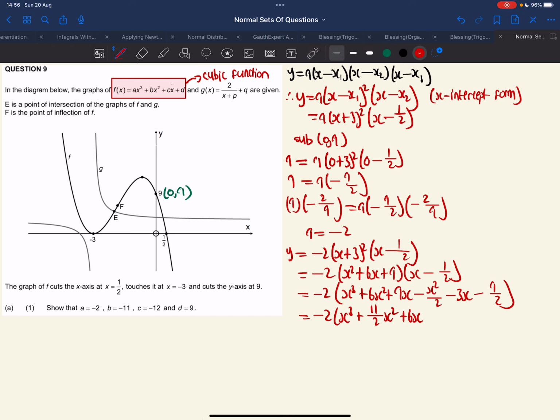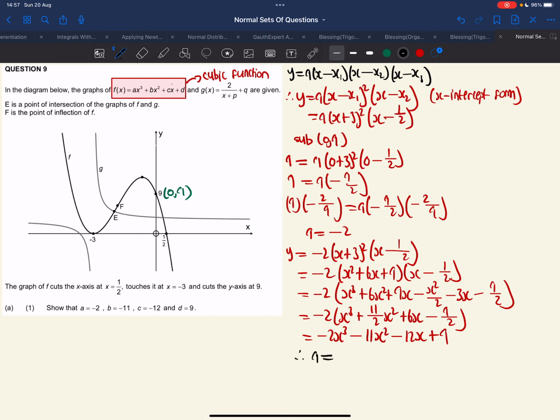Then we should also have minus 9 over 2, and multiplying with the -2 outside, we should now get -2x cubed minus 11x squared minus 12x plus 9.